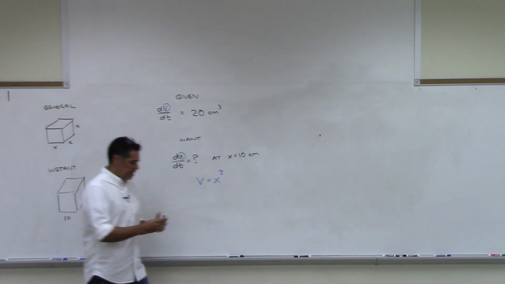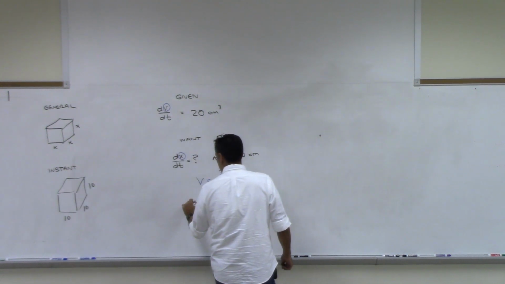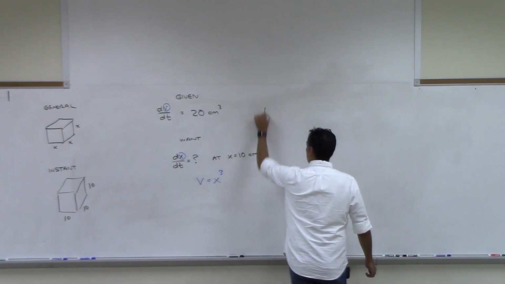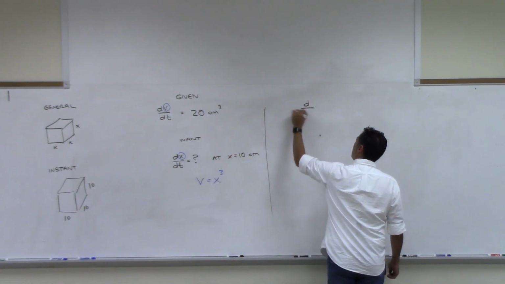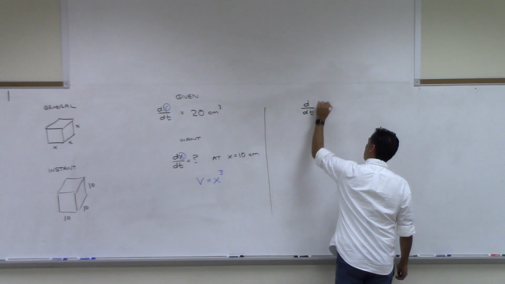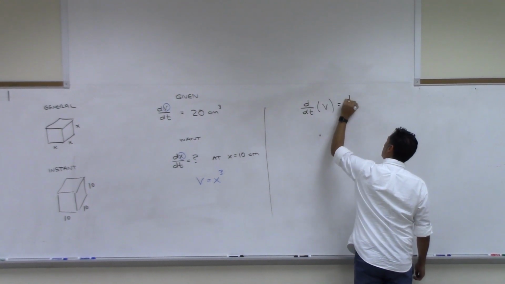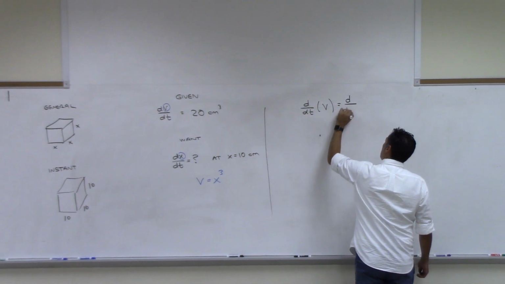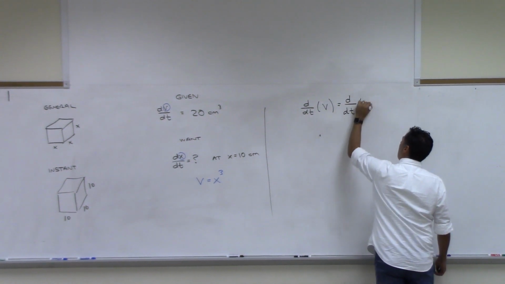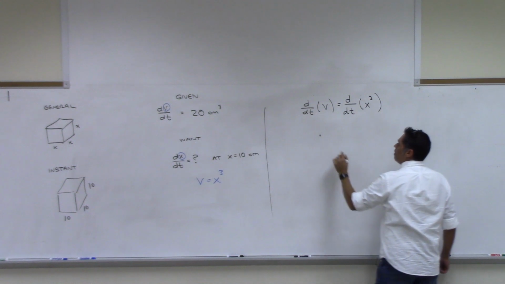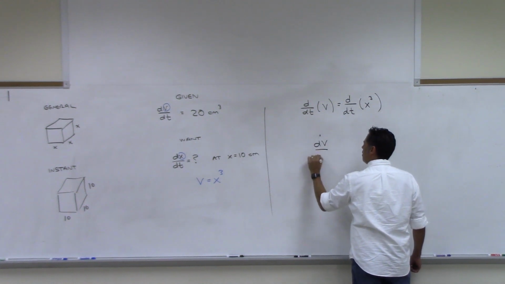dV/dt, right? dV/dt. So now I'm doing, I'll do it here. So now I'm differentiating both sides of the equation with respect to time. Differentiation, right? With respect to time of x cubed. Right, this is just dV/dt on the left.